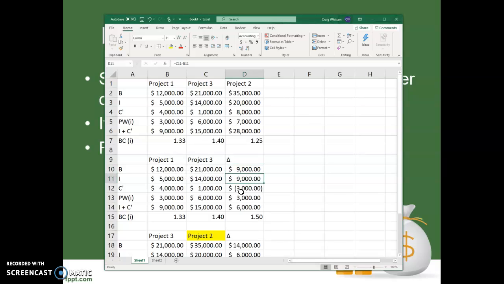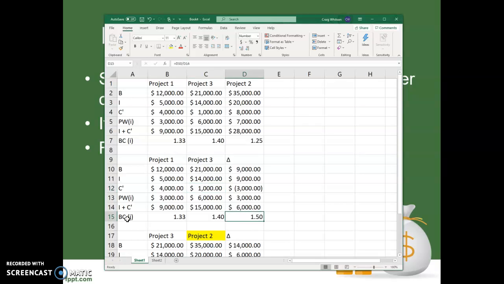The delta in investment, 14,000 minus 5,000, gives us 9. And the delta of the annual operating costs, 1,000 minus 4,000, gave us a negative 3,000 here.